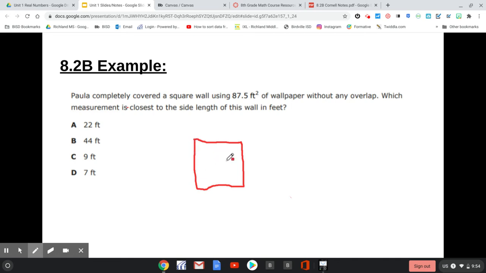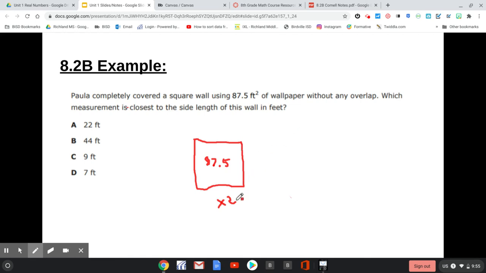And we know the area here is 87.5. And we know that each of these sides are the same amount. So we don't know what that number is, but we know that that number squared will give us 87.5.